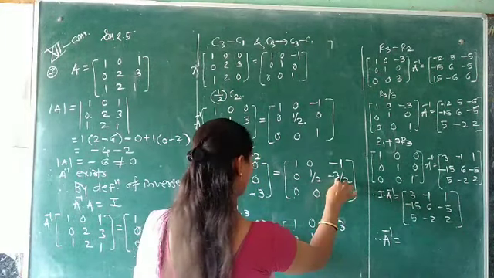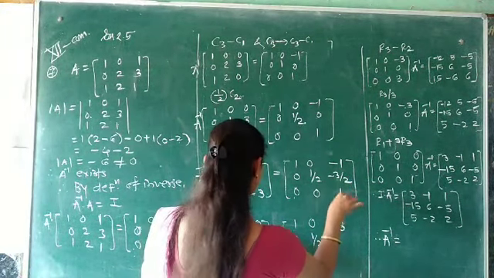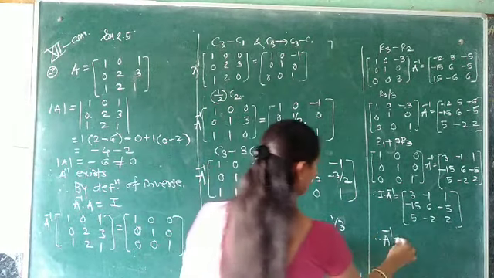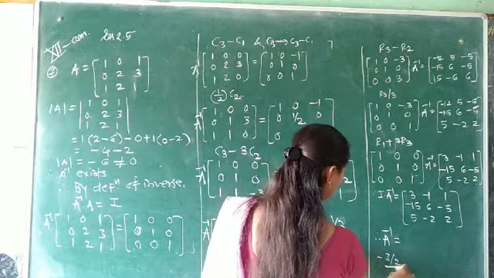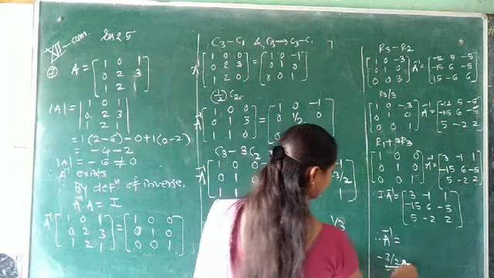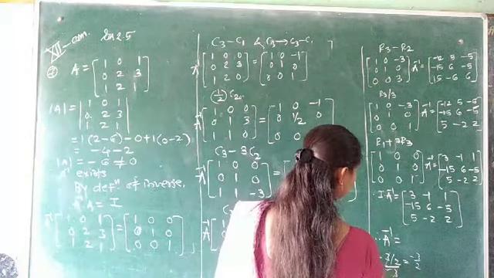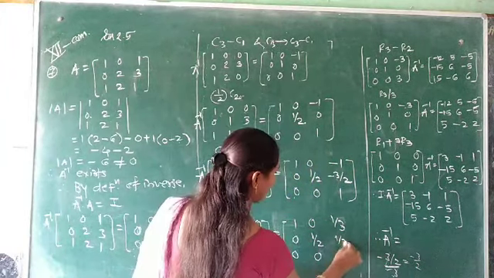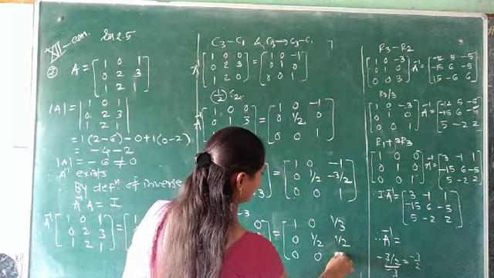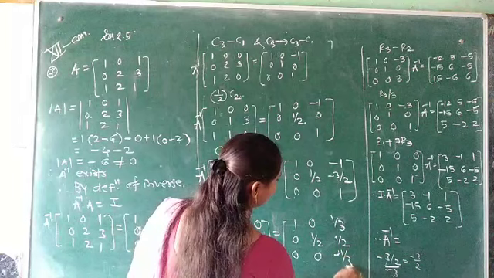Here we divided by minus 3, so minus 3 will get cancelled. See here, minus 3 by 2 upon minus 3, the 3 gets cancelled, and here 1 half, and minus 1 upon 3.